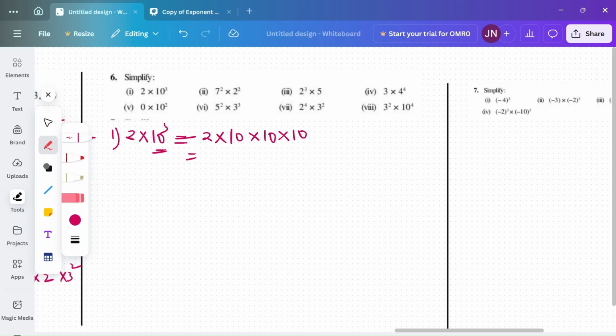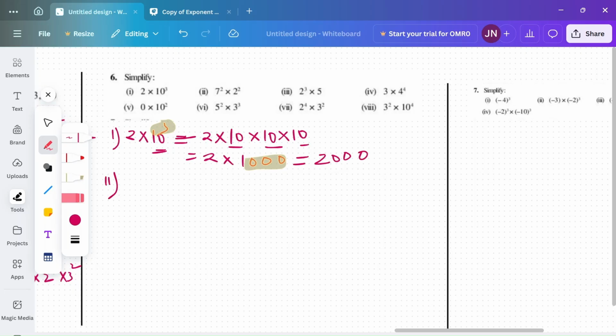I hope you remember this shortcut in math where, when you have zeros at the end, you count how many zeros there are and directly write. Here the power was 3, and we have placed 3 zeros at the end. So you can directly write it as 2000.